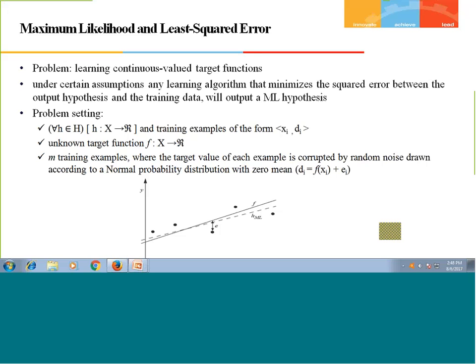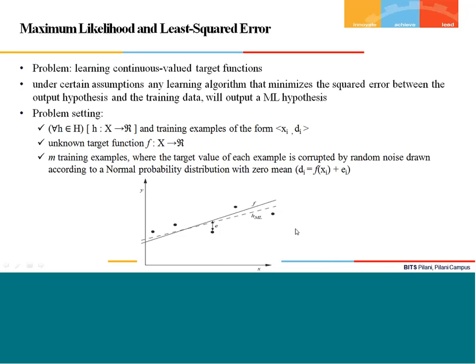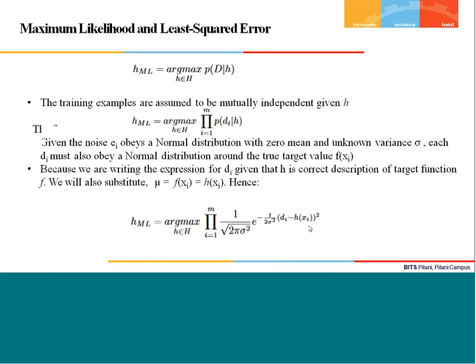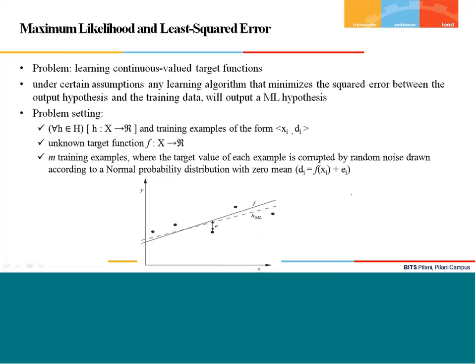So let's say this is the true function, in dark line, and the dotted line is like H ML. So this is the true function that actually produced this data set.